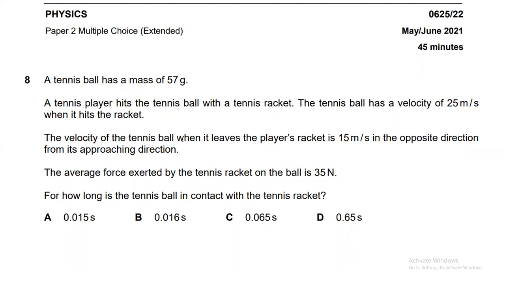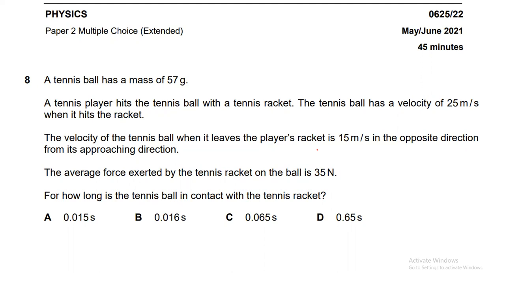The velocity when it leaves the racket is 15 meters per second in the opposite direction from its approaching direction. The average force exerted by the racket on the ball is 35 Newton. For how long is the tennis ball in contact with the racket?